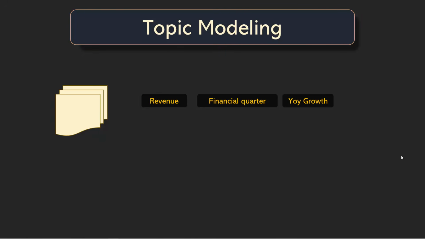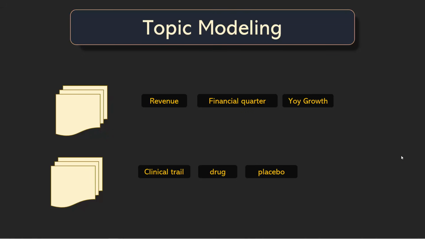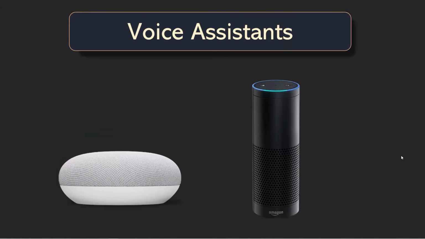When you have finance documents, typically you will extract topics such as revenue, financial quarter, YOY growth. If you have, let's say, some pharma documents, pharmaceuticals, you might get these terms frequently: clinical trial, drug, placebo, and so on. Topic modeling also has a lot of use cases, and we'll talk about these in future videos.